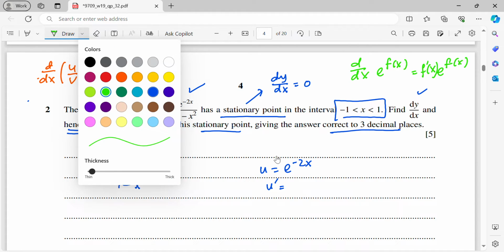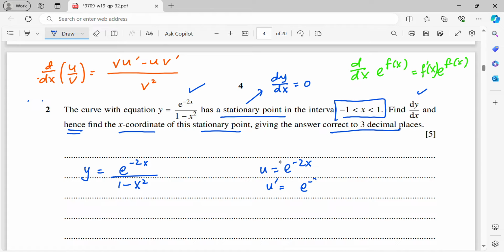So from here, I will be rewriting e to the power negative 2x, and now when you differentiate negative 2x, it will be negative 2. Now, followed by v equals 1 minus x squared, this is a quadratic function. So your v prime: differentiate 1, because it's a constant, there's no x, therefore you'll be getting 0. And keep the minus, differentiate x squared, it will be 2x. Now, apply this quotient formula to get the dy/dx.